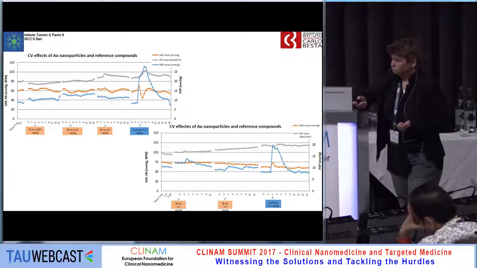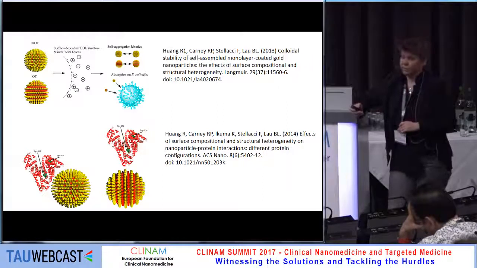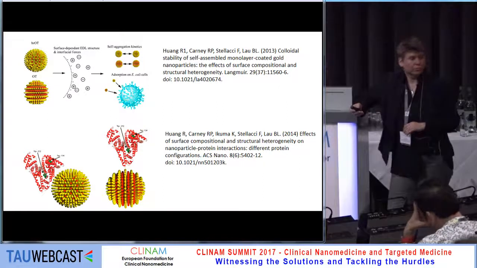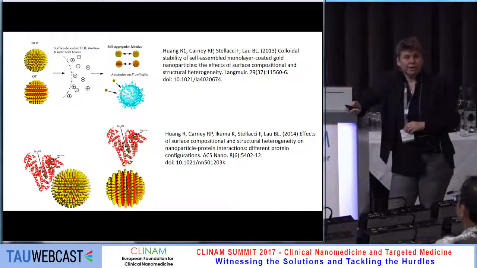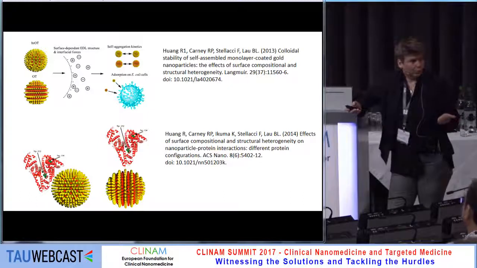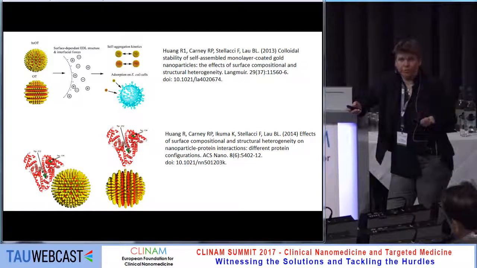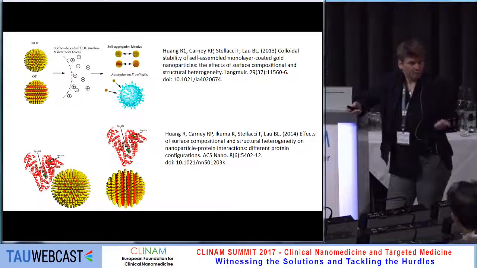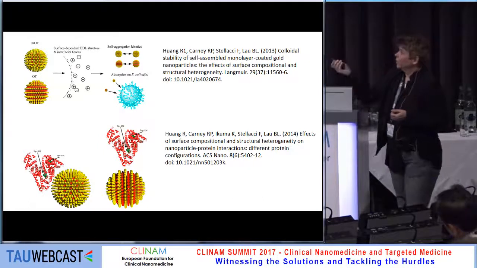The other thing is that Francesco did studies on how his particles interact with proteins, and this could be a potential indication of how we have to design our particles in order to prevent protein corona on the surface. Protein corona can be an indicator for aggregation, and as we heard already today, aggregates can be recognized and taken up by macrophages, and can cause kappa effects. So he found two things which are interesting.